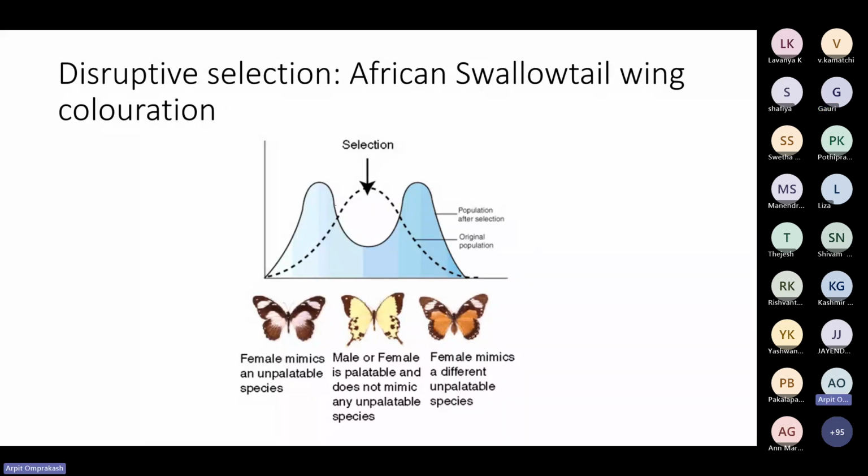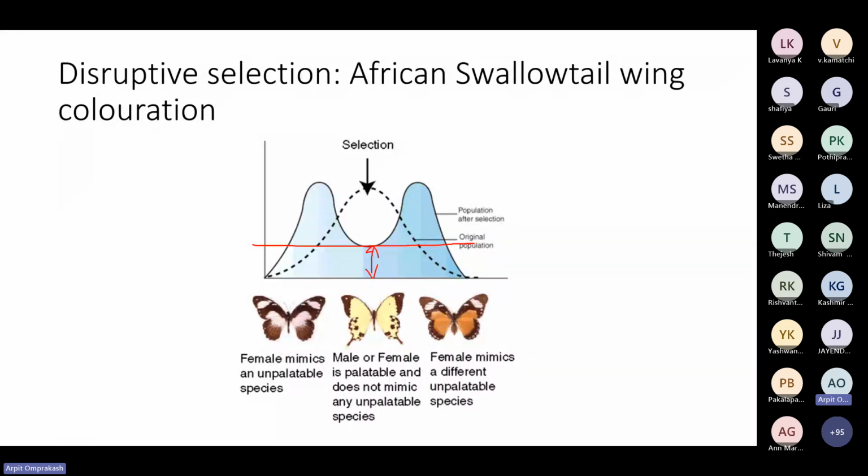Here you see that the original population might have been like this, and the population now has two peaks, but still the middle part here is not exactly zero. So there is still some fitness in this morph.